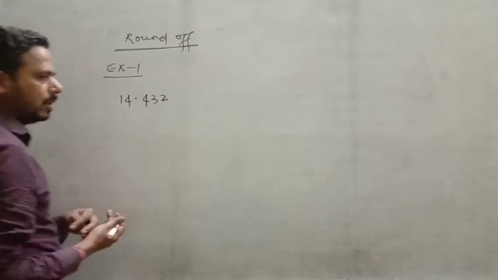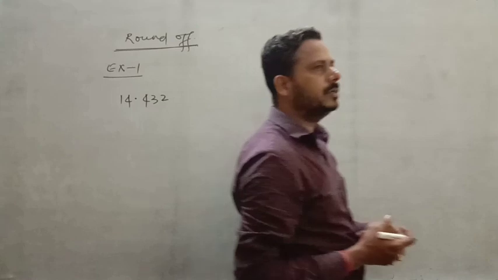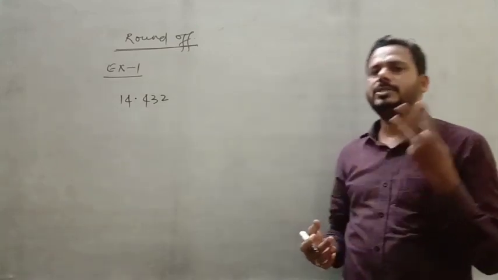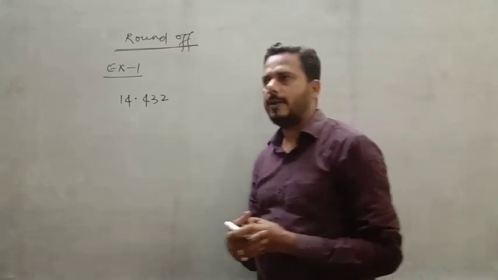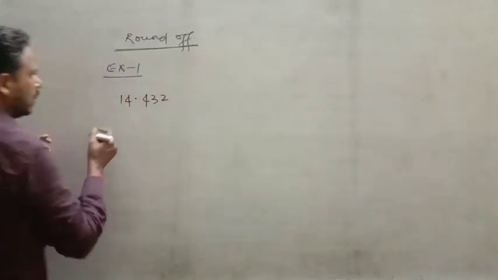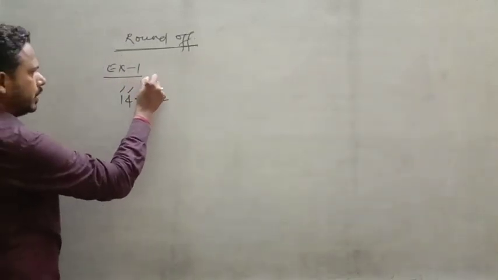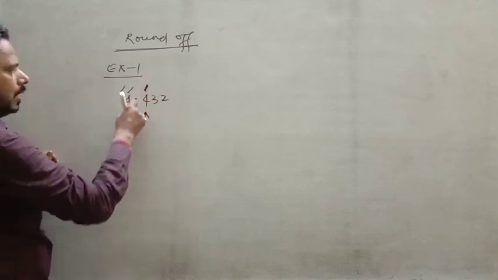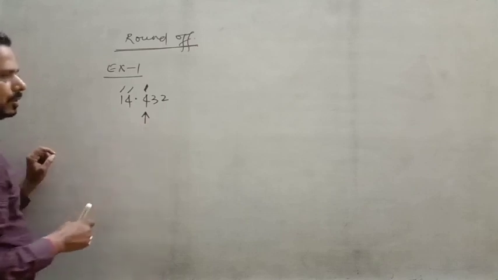So you have to count the number of significant figures from left to right. Count 1, 2, 3, that is this 4. Up to this 4 you have to round off.